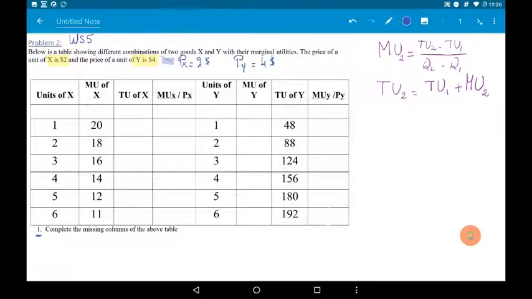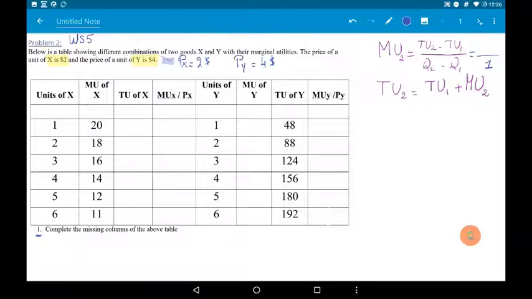Note that every time the quantity increases by 1 unit. So Q2 minus Q1 is always equal to 1 unit. So in order to calculate marginal utility, all we need to do is calculate TU2 minus TU1.